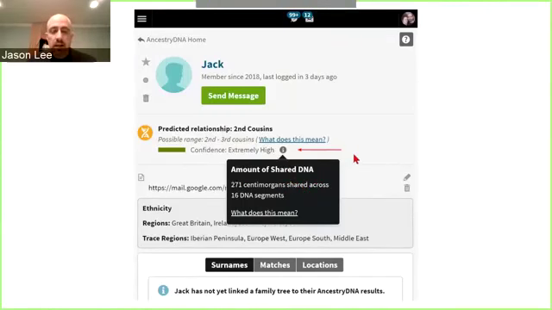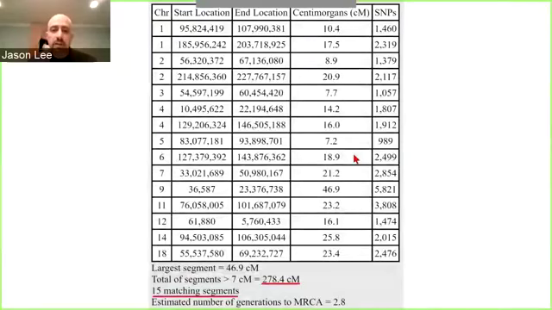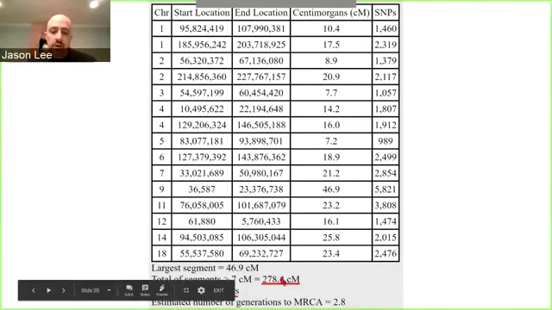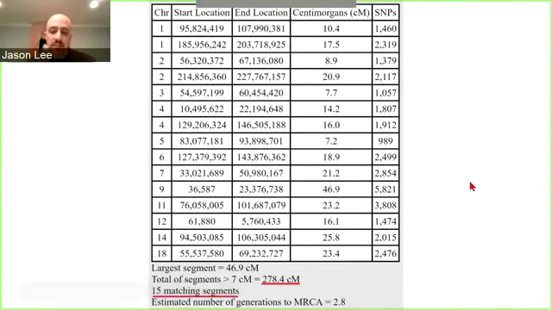And again, I've been working with Jack over the past couple of weeks, and he had no trouble at all getting onto GEDmatch so that we could find some more detailed information. And these are the matching segment details. We also see that the total centimorgans that are shared in this case are almost exactly the same as what Ancestry is reporting, so it's nice to have that line up equally.